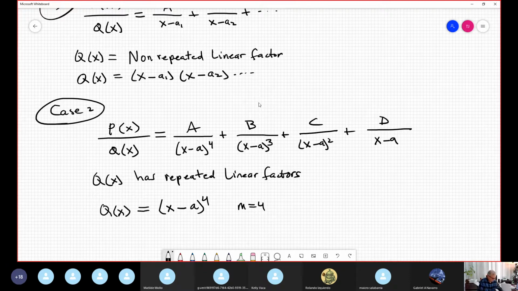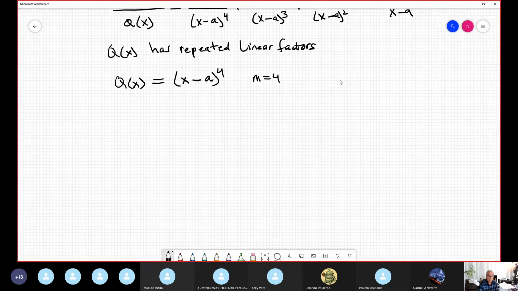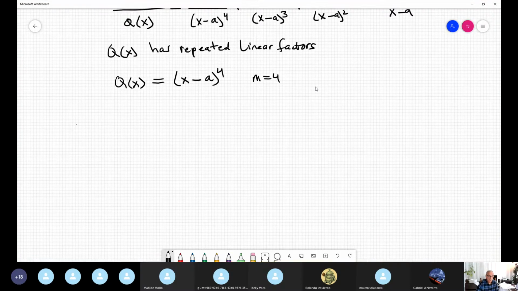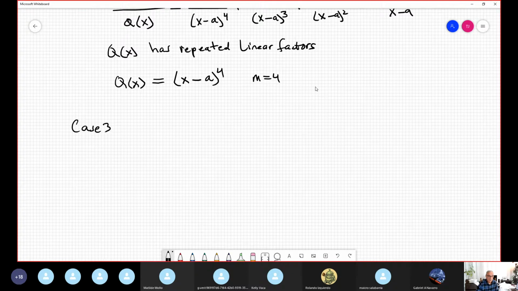And that's it. We have 4 scenarios. When you have complex factors, look, suppose now case number 3. In case 3, we have complex factors. The case contains a non-repeated irreducible quadratic.